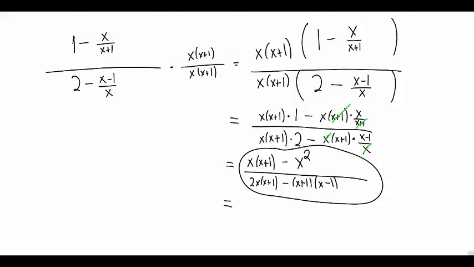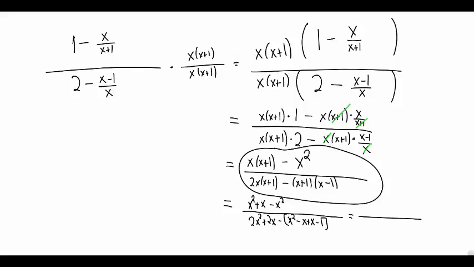Now, we want to leave our final answer simplified, and we need to see if there are any common factors between the top and the bottom. So we simplify the top by distributing the x: x squared plus x minus x squared. On the bottom, 2x squared plus 2x minus, let's FOIL, x squared minus x plus x minus 1.